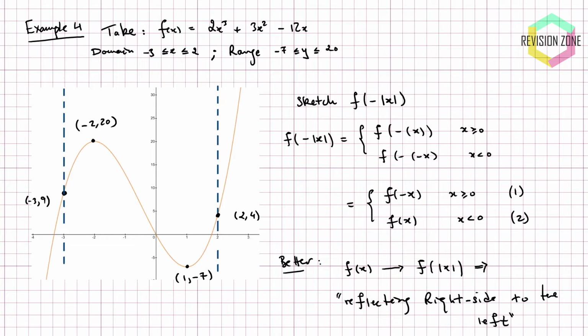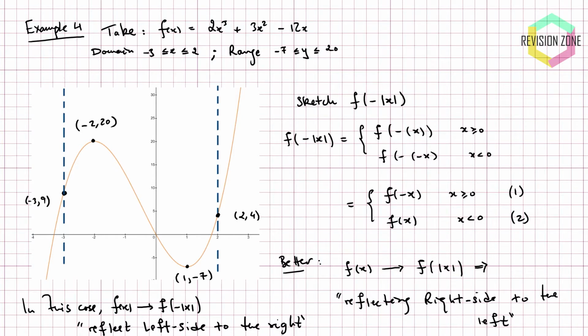But obviously, since we have a negative in front here, right, in this case we've got f of x going to f of negative of the modulus. We're going to basically reflect the left side to the right, right? And that shouldn't really come as a surprise, because if we look at this for x being less than 0, in other words all of this left side, the function f of negative of modulus of x is the exact same as f of x.